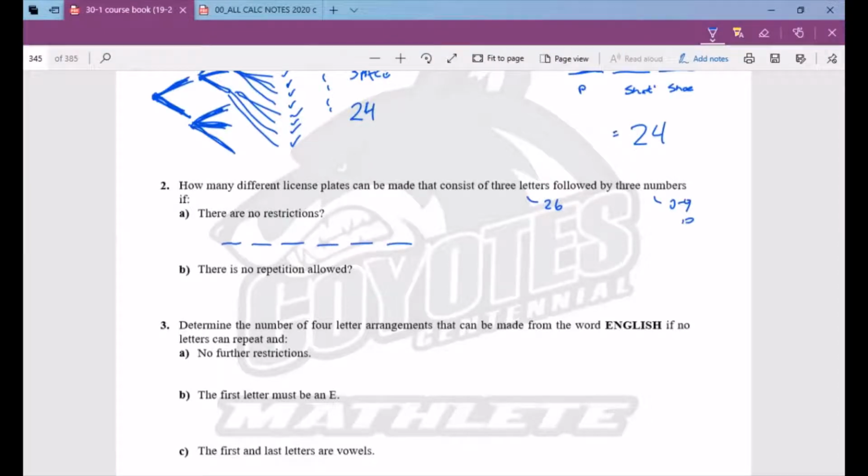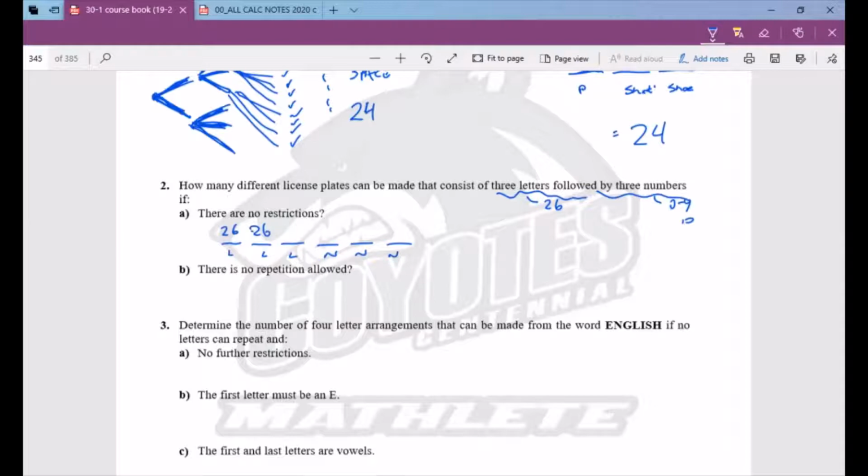So we're going to have 6 blanks here to describe our choices. And these first 3 end up being letters. It says there are no restrictions, other than the fact that it's 3 letters followed by 3 numbers. So the first 3 are letters, the next 3 are numbers. How many choices do we have? We have 26 choices for the first letter.